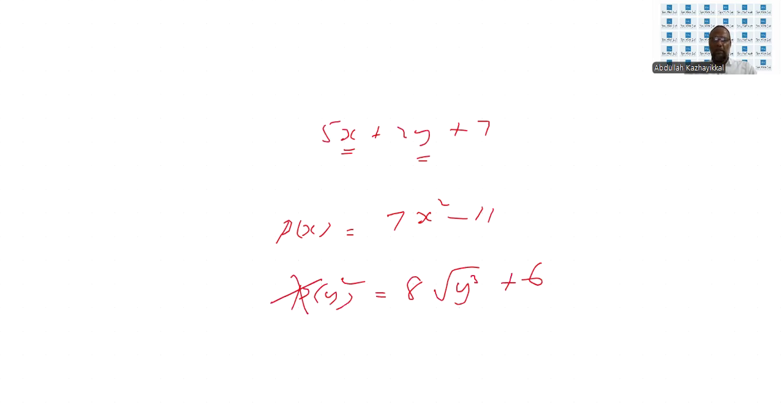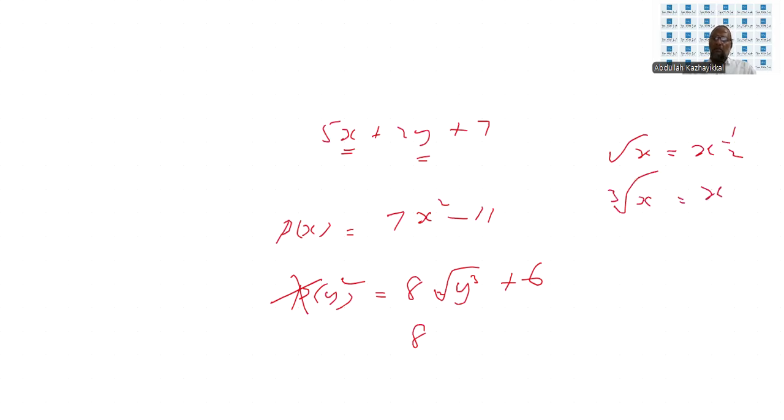We can say this is 8 y to the power of 3 by 2. Look here, square root of x means x to the power of half. Cube root of x is x to the power of 1 by 3.